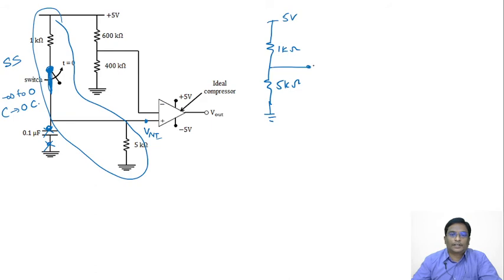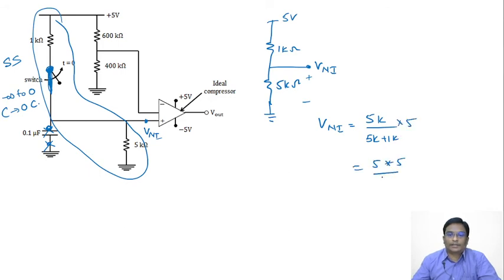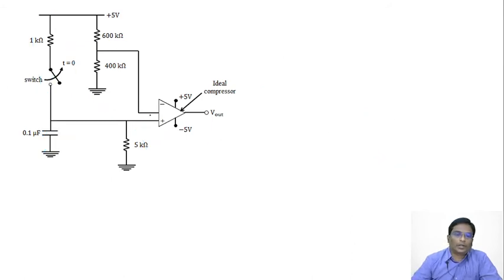Let us calculate this V non-inverting voltage. Again, voltage division rule: 5K by 5K plus 1K into total voltage 5. Or this is 5 into 5 by 6. K cancel. Okay, 25 by 6 volts. Right now, you got the inverting voltage 2 volts. Non-inverting voltage, you got it as 25 by 6 volts.